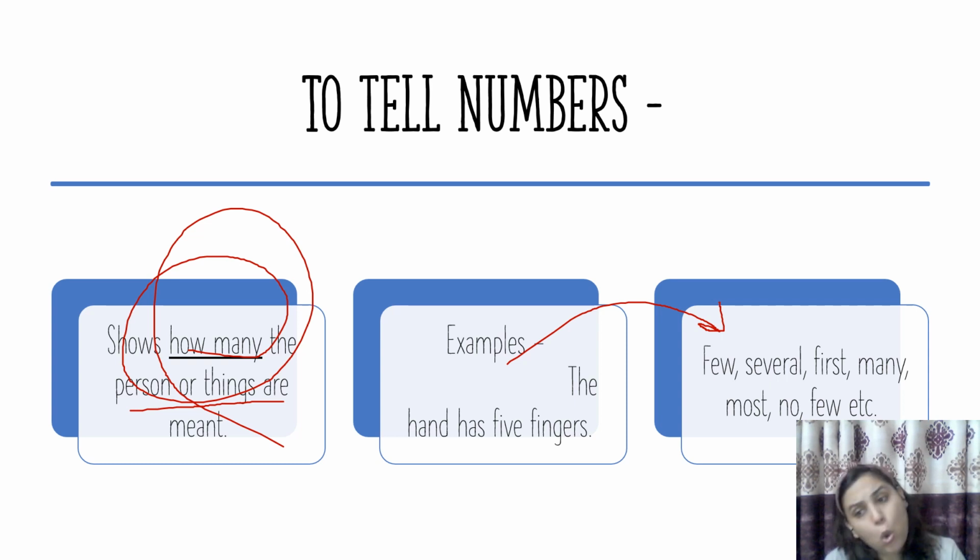How much? All his will. Whereas if I say all men must die, how many men must die? All the men. So here the word all is used both to tell the numbers and to tell the quantity. So we will not get confused. There is a very minute line between the two. So we will not get worried, and we will use any of them when it is being asked.